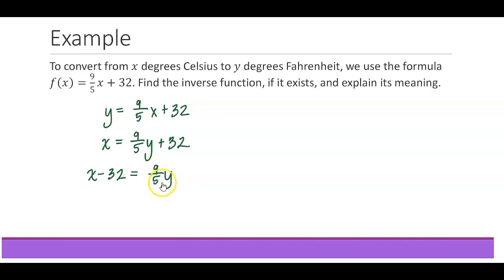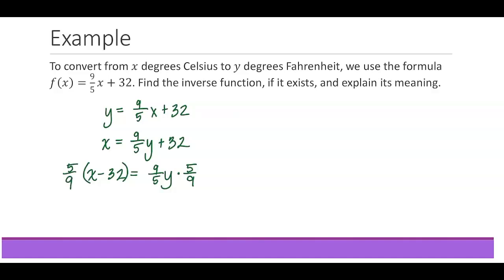And while we could think about it as dividing by 9 over 5, the better way to think about getting rid of this fraction 9 over 5 is by multiplying by its reciprocal on both sides. We're going to multiply by 5 over 9 on both sides.